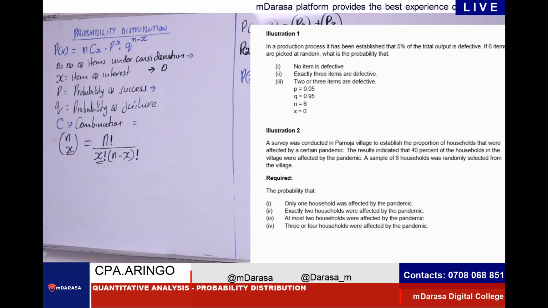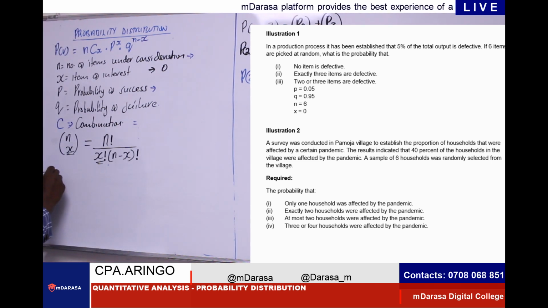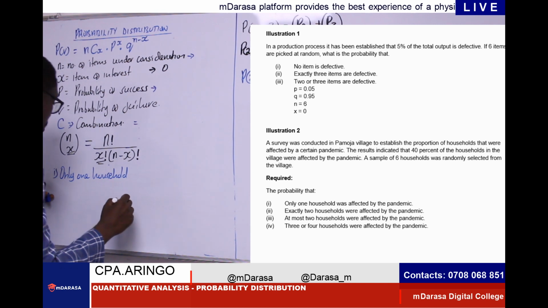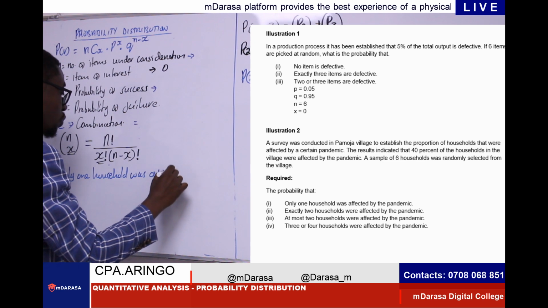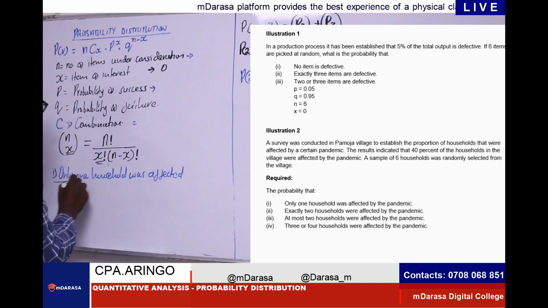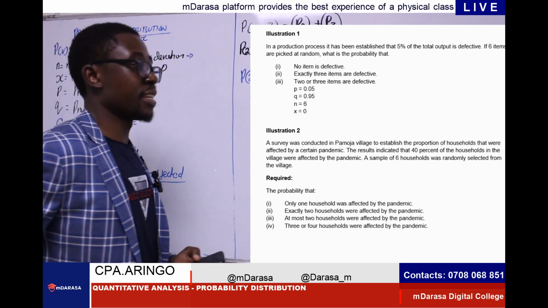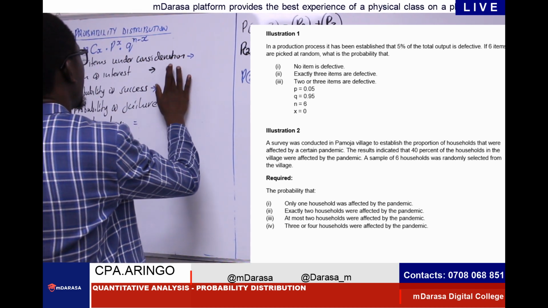Only one household was affected. This must have been during the COVID-19 pandemic, right? So looking at this case, it is important for us to have this in mind and to understand it very clearly.